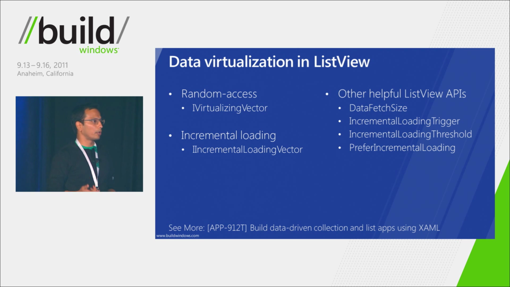The second thing I want to cover here, and this is relevant only for incremental loading, is the fact that you can control when incremental loading is triggered. In our example, you saw that as list view reached the end, it automatically downloaded additional data items.